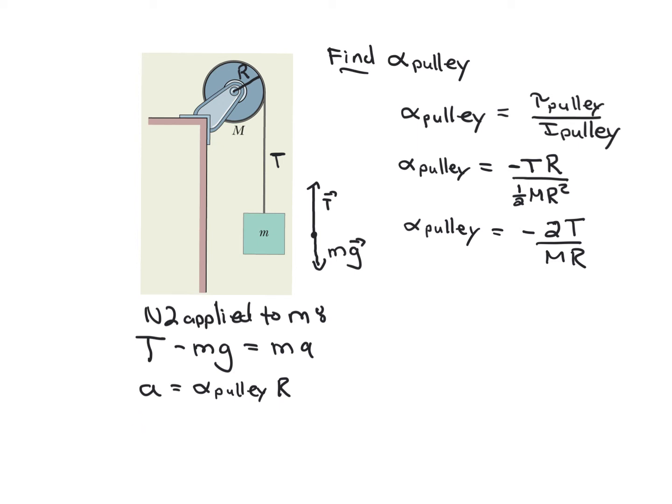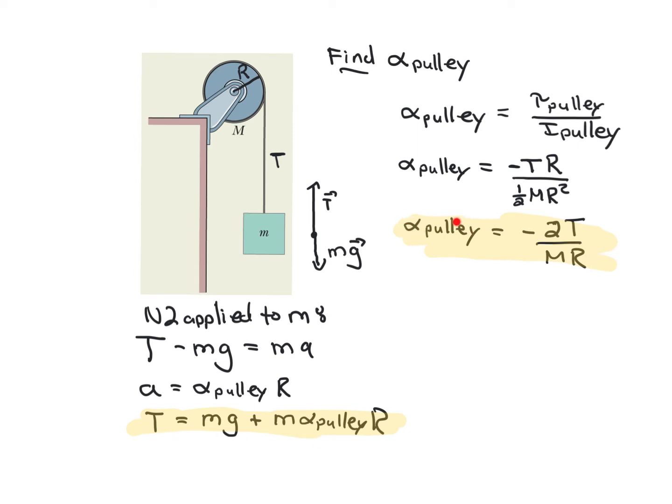I can write that the tension in the rope, moving mg over to the right, is equal to mg plus m times alpha pulley times r. So that's great, because now what I have really are two equations in two unknowns.